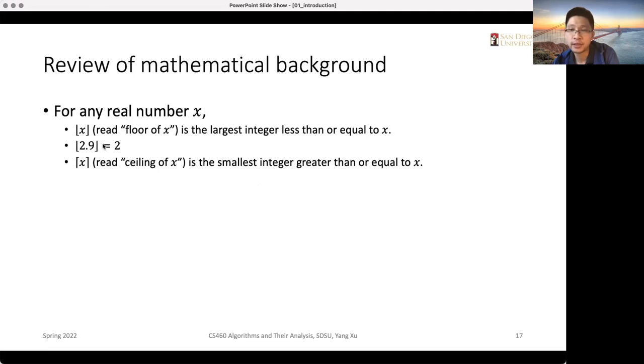The floor of 2.9 is 2, and we may also need to use this in our Python assignments. In Python, there are multiple ways of accomplishing this floor operation. And ceiling is another thing that gets the smallest integer that's greater than or equal to x, right? Okay, that's the first concept.